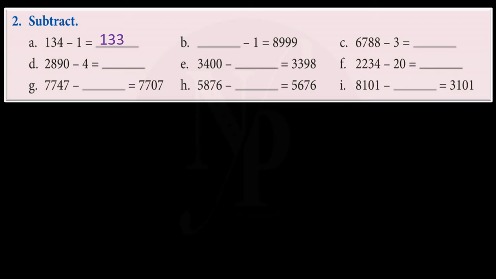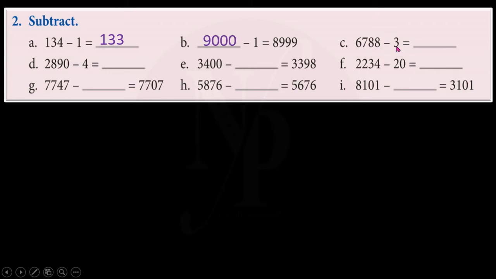So, or you can say in other words, the number 1 more than 8,999 will come here. So the number is 9,000. So if you subtract 1 from 9,000, you get 8,999.